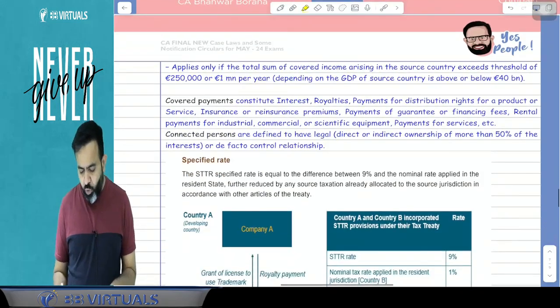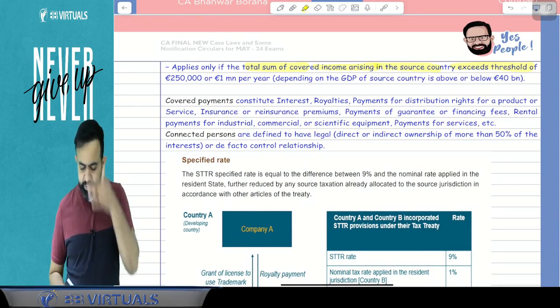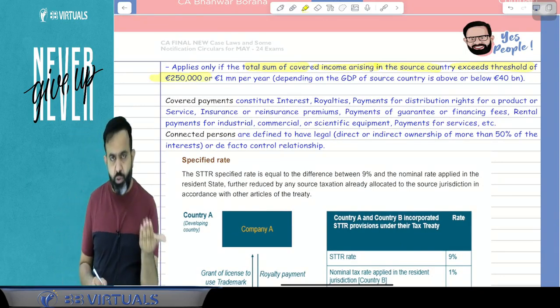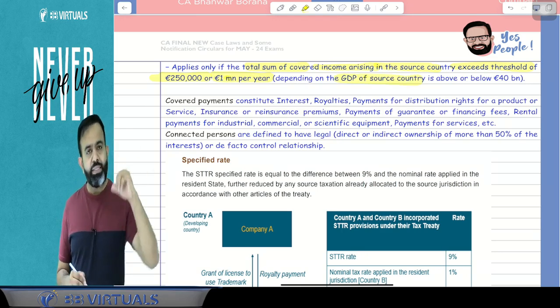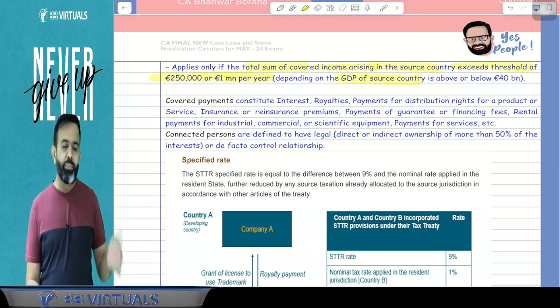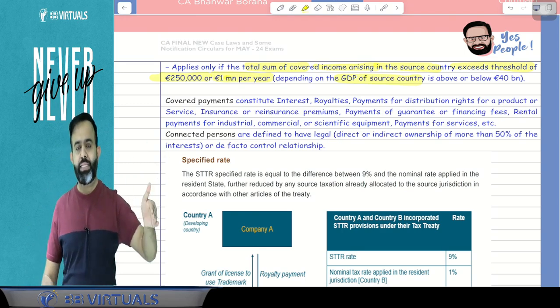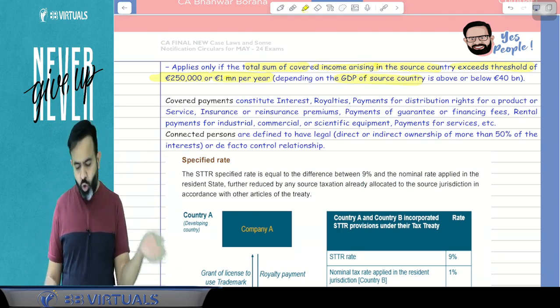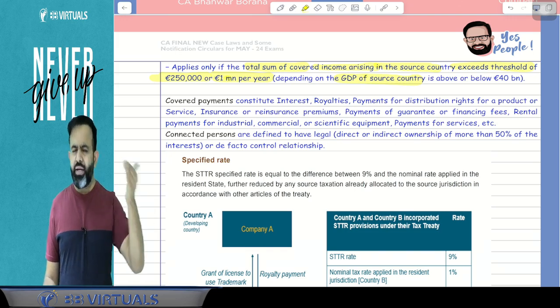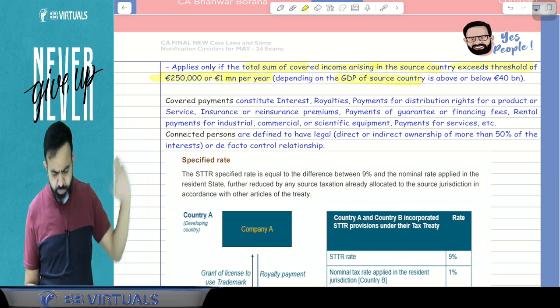And guys, it applies only if the total sum of the covered income arising in the source country exceeds the threshold of 250,000 euros or 1 million per year, depending on the GDP of that country. So guys, this STTR will apply only if from that country they are getting revenue that is more than 250,000 euros or 1 million euros, depending on the GDP of that particular country.